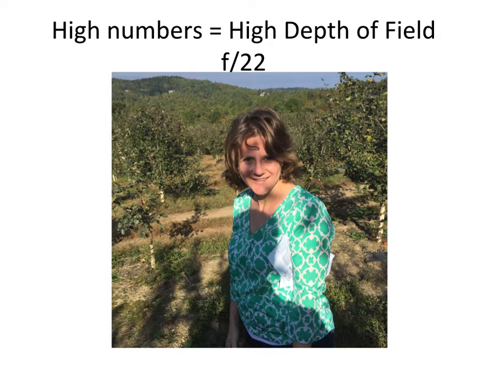Again, we're shooting in A and it's going to adjust your shutter and it's going to adjust your ISO so that the exposure is correct. What you're choosing is depth of field. Okay, we're simplifying this step by step. So today we're talking about depth of field. Depth of field only.